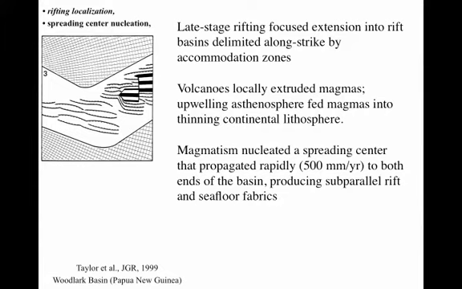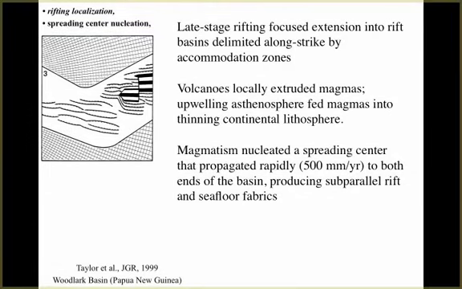In the spreading center nucleation stage, we have late stage rifting that's focused extension into rift basins, and that's delimited by long strike accommodation zones. Volcanoes are locally extruding magmas. Upwelling asymmetry feeds the magmas into the thinning continental lithosphere.